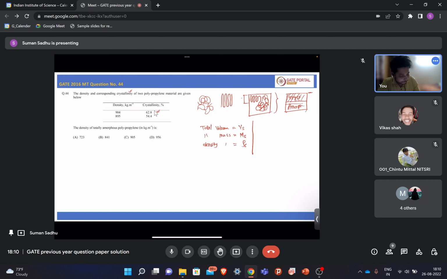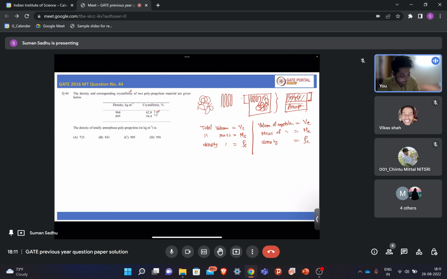The volume of the crystalline part is Vc, mass of the crystalline part is Mc, and density is rho c.